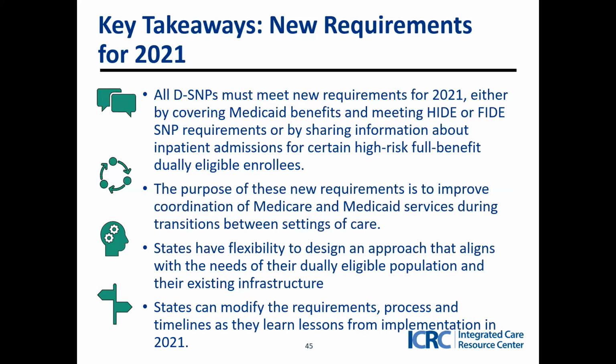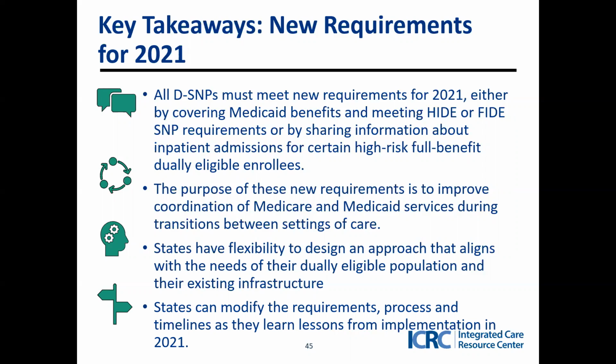So overall, the key takeaways here are that all D-SNPs must meet the new requirement for 2021, either through becoming a designated HIDE or FIDE SNP or through meeting the information sharing requirements for a designated group of high-risk enrollees.